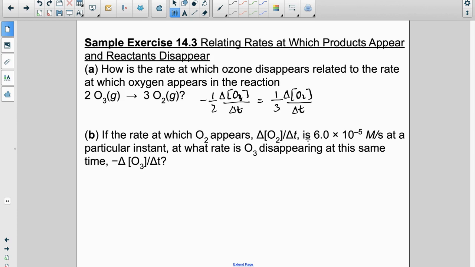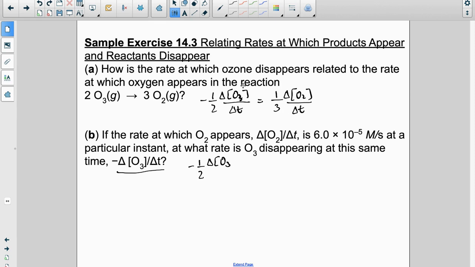Then in part B, it says, if the rate at which O2 appears, delta O2 over delta T, is 6 times 10 to the minus 5th molarity per second at a particular instant, at what rate is O3 disappearing at the same time? If we look at the equation we just wrote, I see that minus the rate of O3 disappearing is right here.